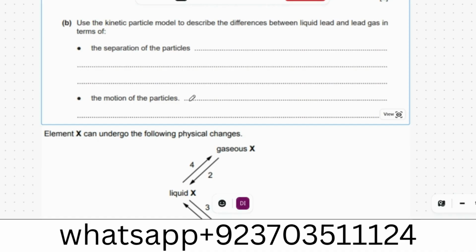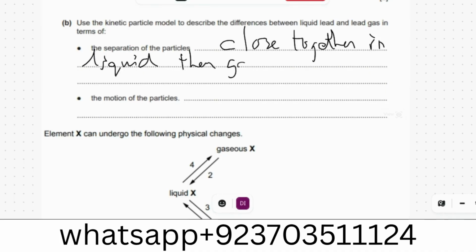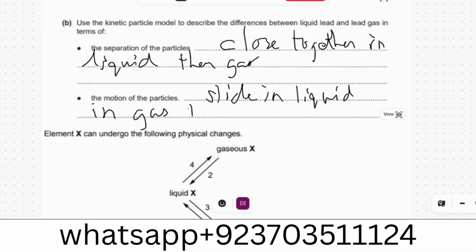Close together in liquid, then gas. In liquid they slide, whereas in gas they are free moving.